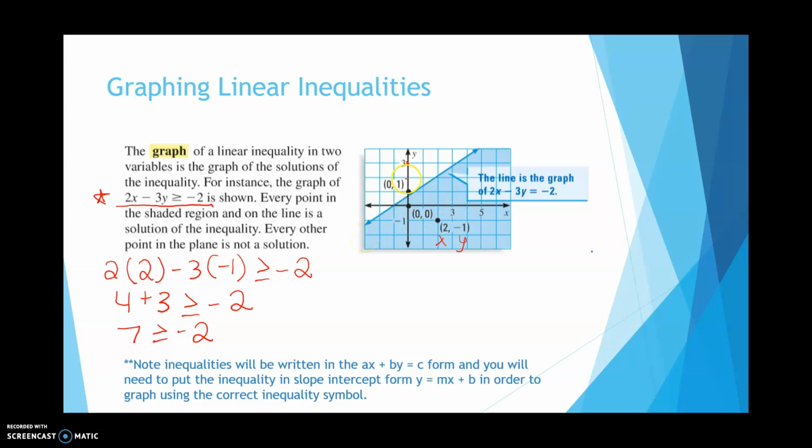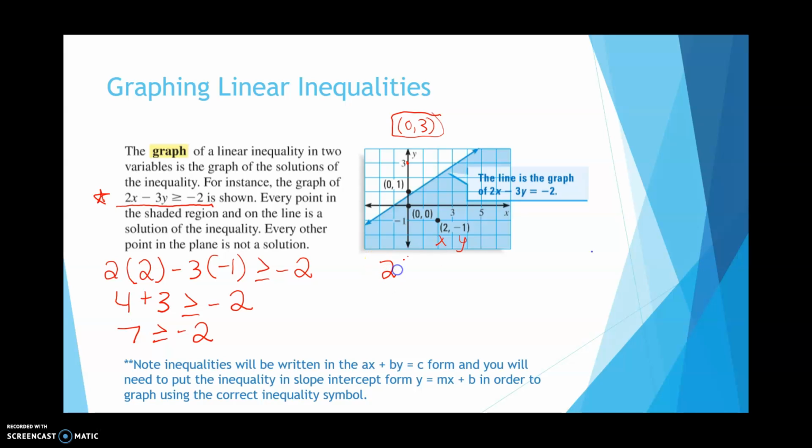So that's why our graph is shaded in that region right there. So then if we picked a point above the shaded region, for instance here if we had the point 0, 3, and we plug that point into the inequality, you will notice that this ordered pair is not a solution, which makes sense because it's not shaded in that area right there.